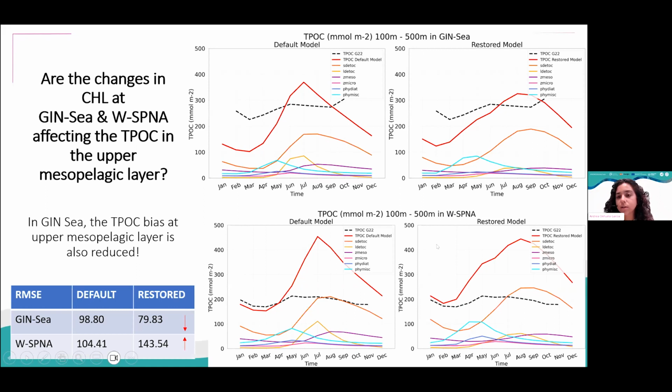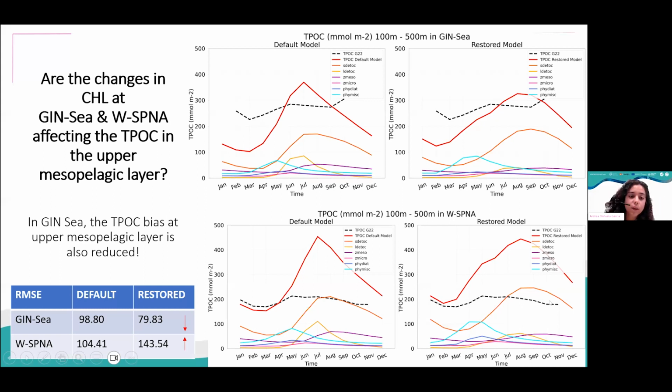Secondly, in the Western Subpolar North Atlantic, as we can see here, the bias is increased in this case after the surface restoring, by increasing the small detritus in the orange line here.